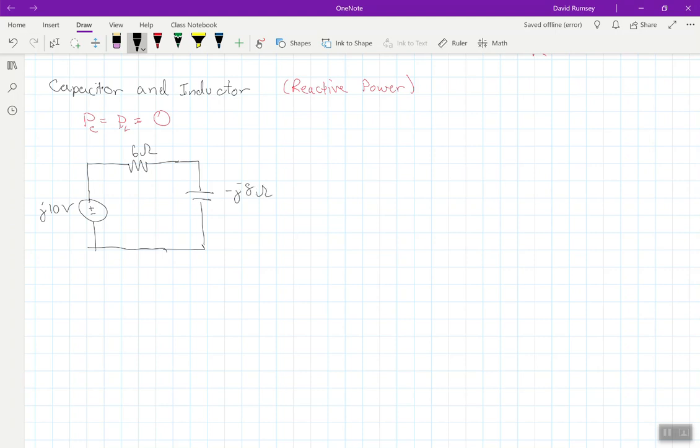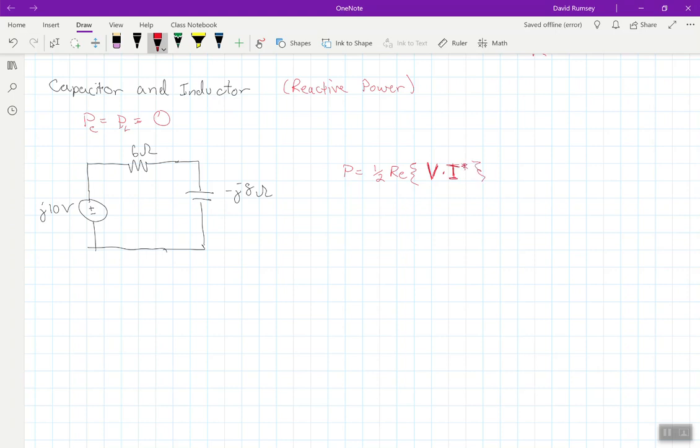And we're going to compute the average power through each of the things, but we're going to use this formula here, that this is equal to 1/2 the real part of, not Vm, we're talking about phasors here, phasor voltage times phasor current conjugate.